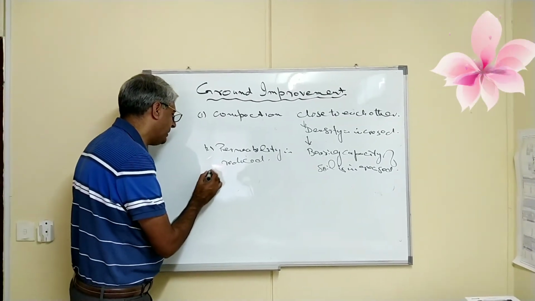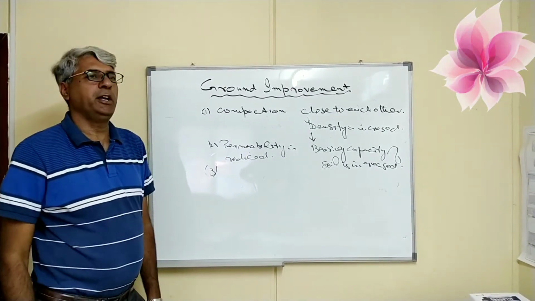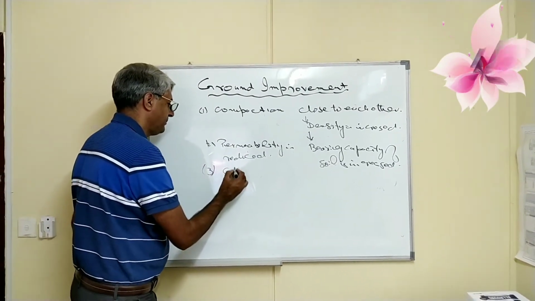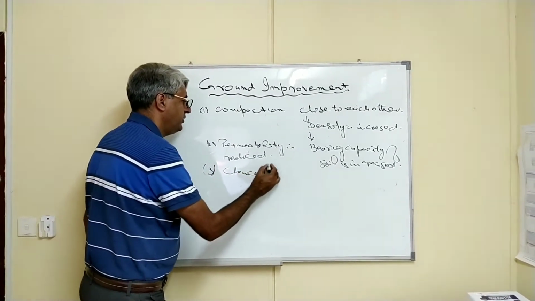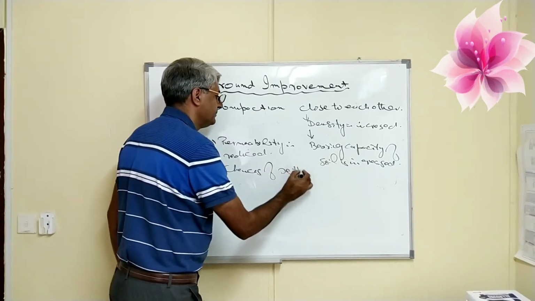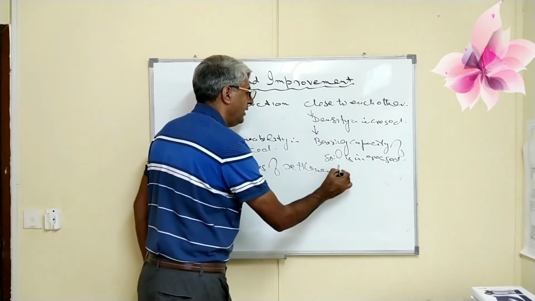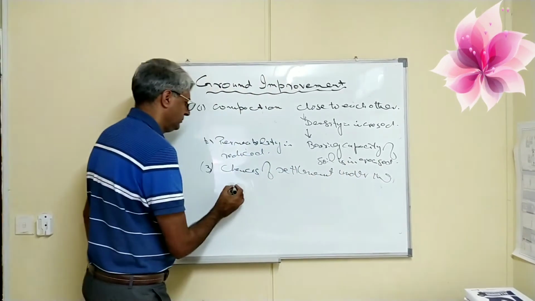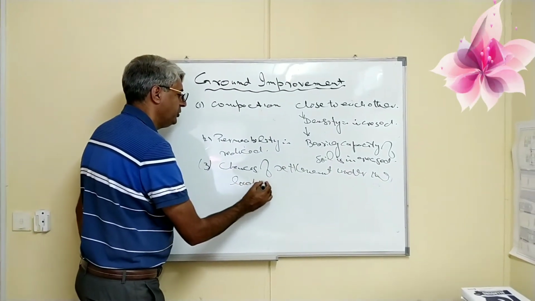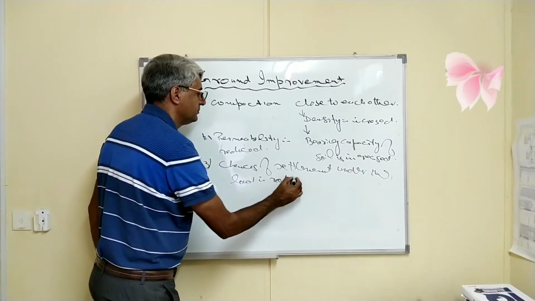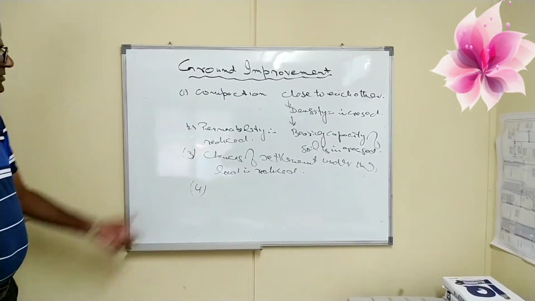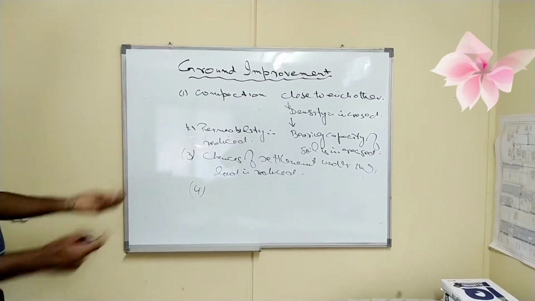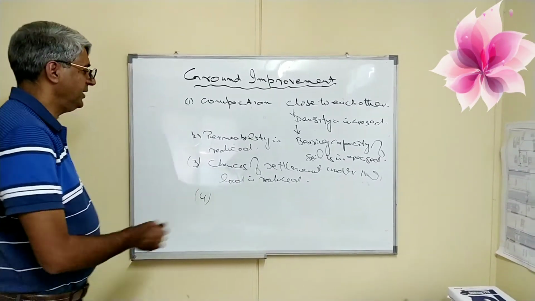So another property which we are going to get is that the chances of settlement under the load are reduced. The chances of settlement of the soil are reduced because bearing capacity is also increased. Then we can say that the shear strength of the soil is increased.